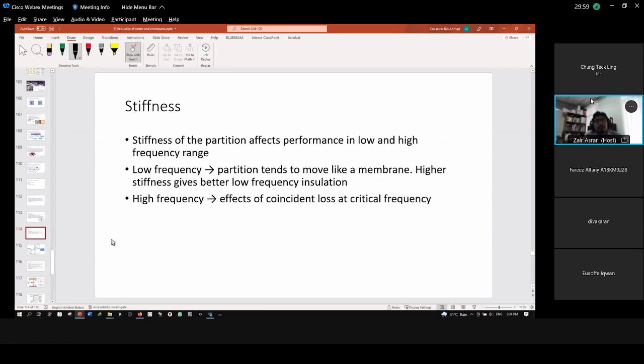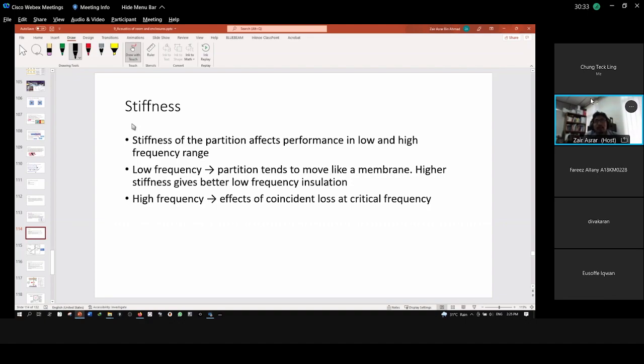For stiffness, yes, we can improve the sound insulation of the partition through stiffness, but most of the time the effect is at a certain frequency range only. We can do this at low or high frequency range. For example, if we have something flimsy, that means the stiffness is very low, so we can increase the stiffness so that the panel itself will not vibrate and will not contribute to the noise.